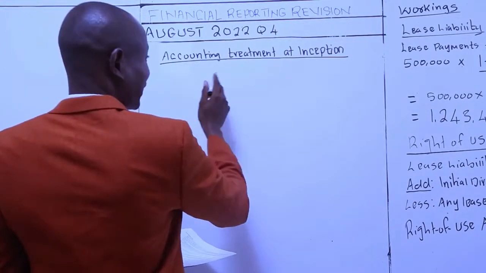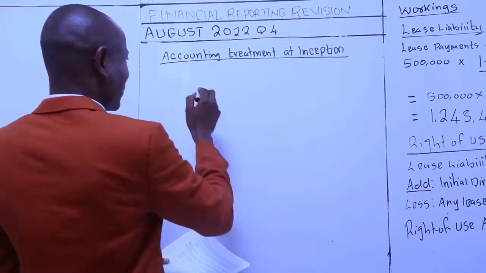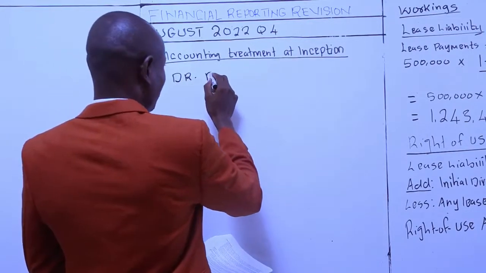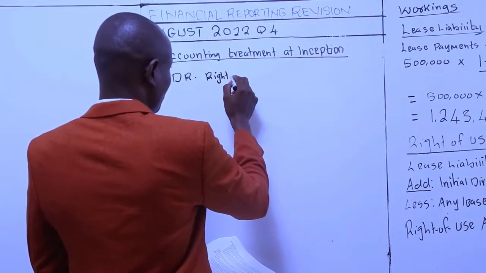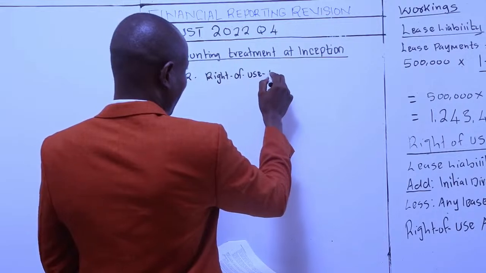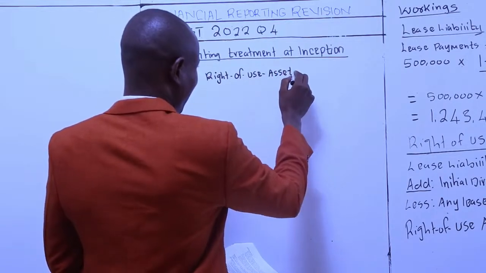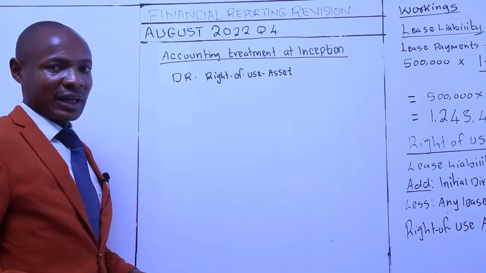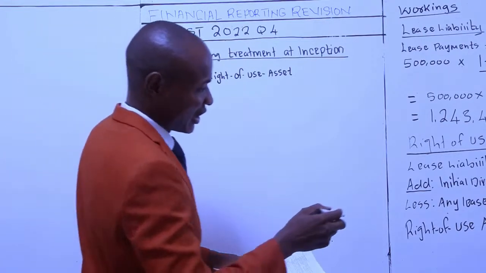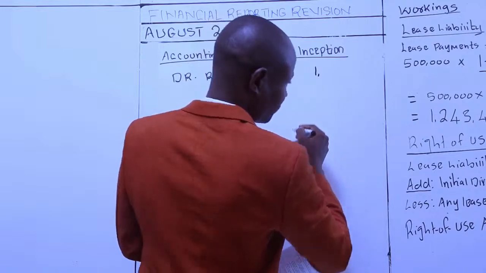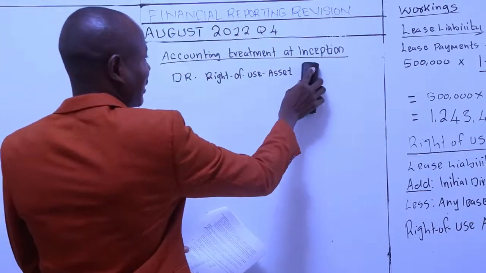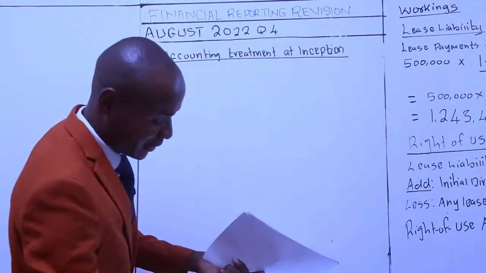So with the right of use asset, of course, you debit the amount. We are debiting the right of use asset, and because of space it has come up with a more clearer way.